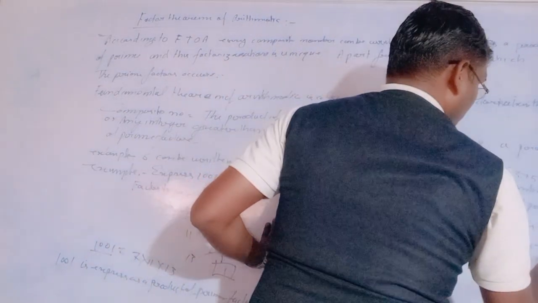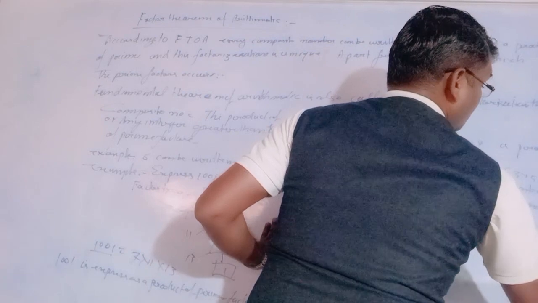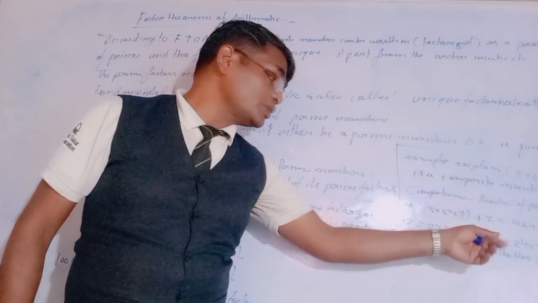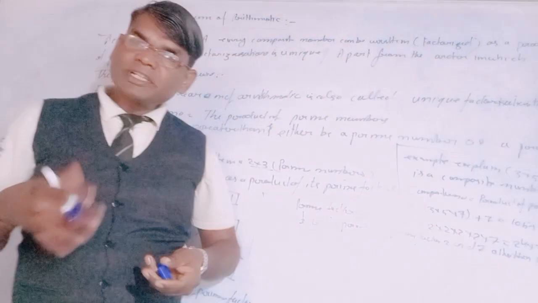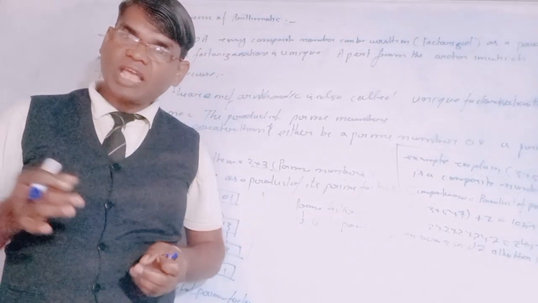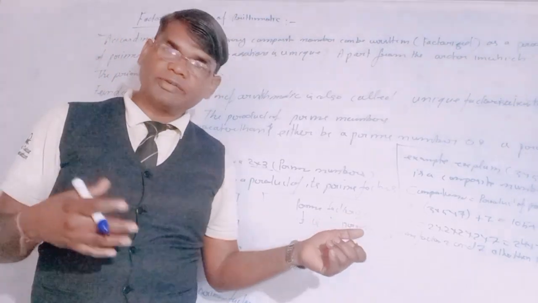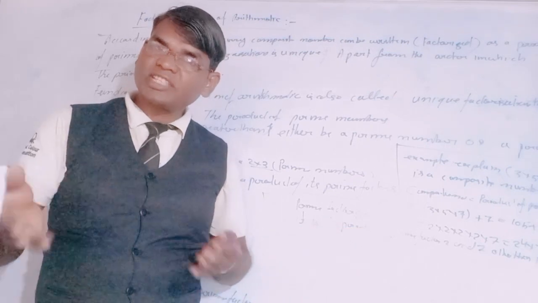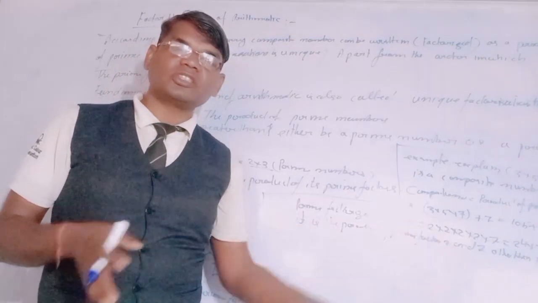So it is a composite number. Prime numbers can be divided only by 1 and itself, and composite numbers can be divided by numbers other than 1 and itself. This is the definition. According to this, we have proved that this is a composite number.